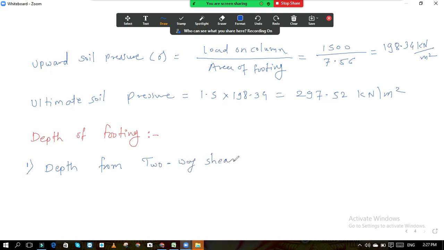I will explain to you how it fails, what is two-way shear. Just right now, you need to copy down with me. After this write-up, I will explain to you what it means. Two-way shear consideration.